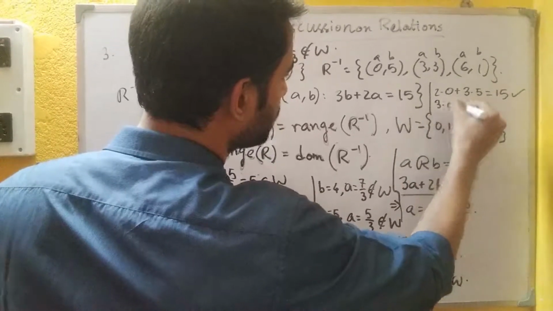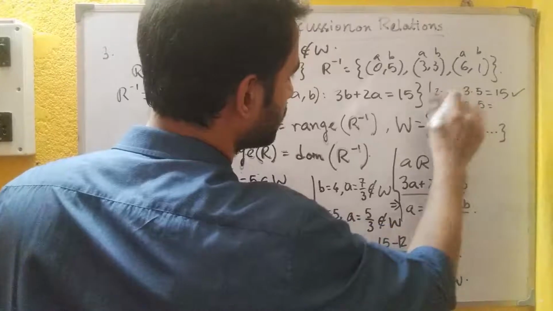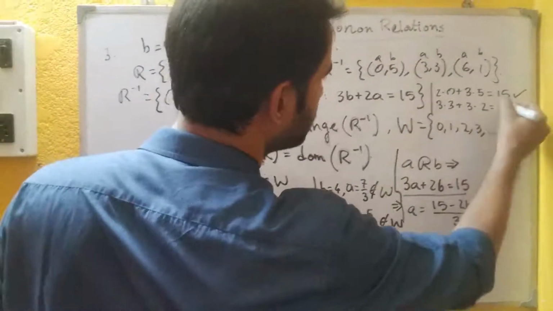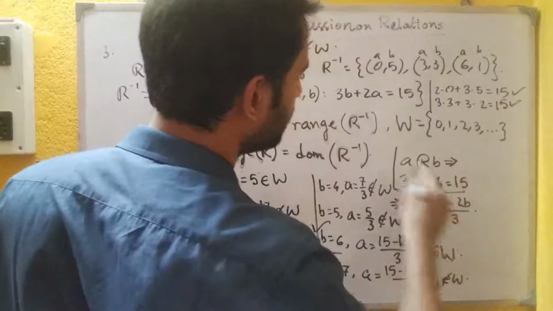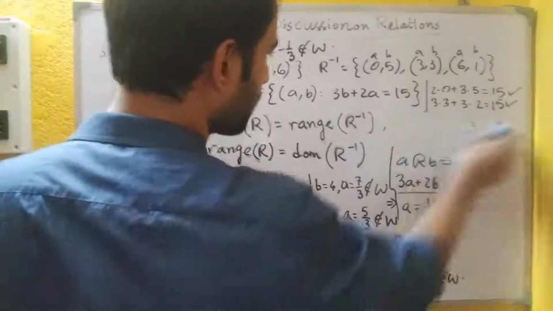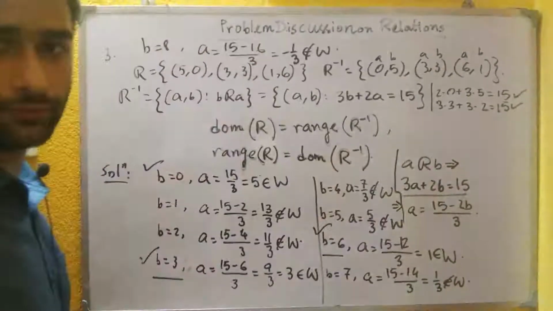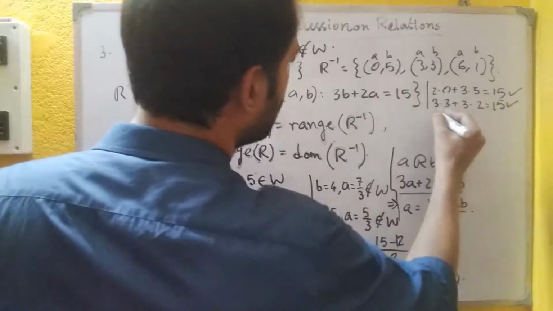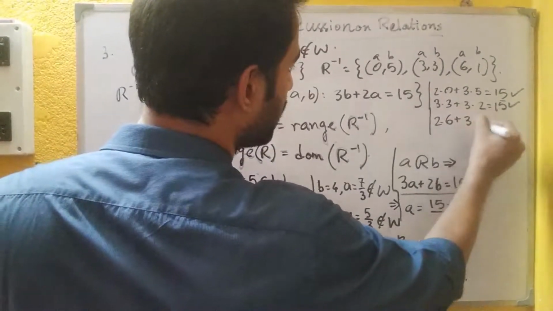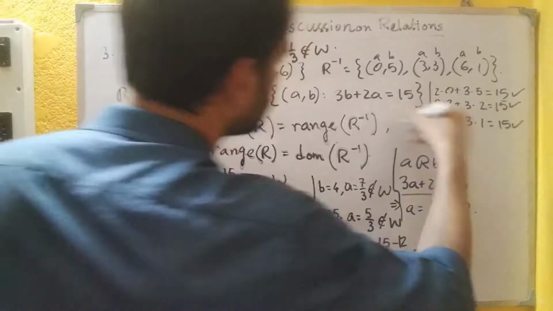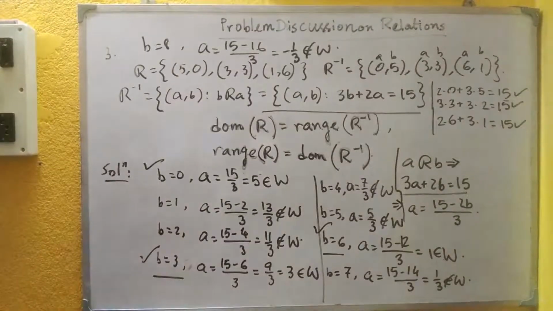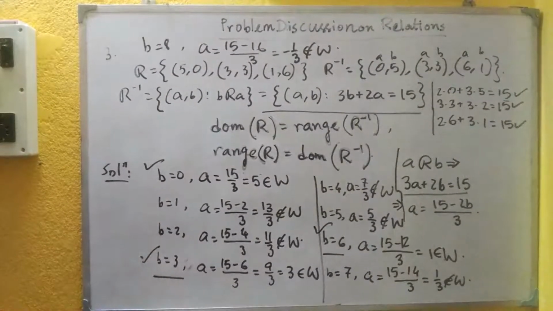Again, 3 into 3 plus 2 into 3, 9 plus 6, 15. It is verifying. And in the same manner, with this one, 2 into 6 plus 3 into 1, it is again 15. So this is the relation R inverse, and it is verified.